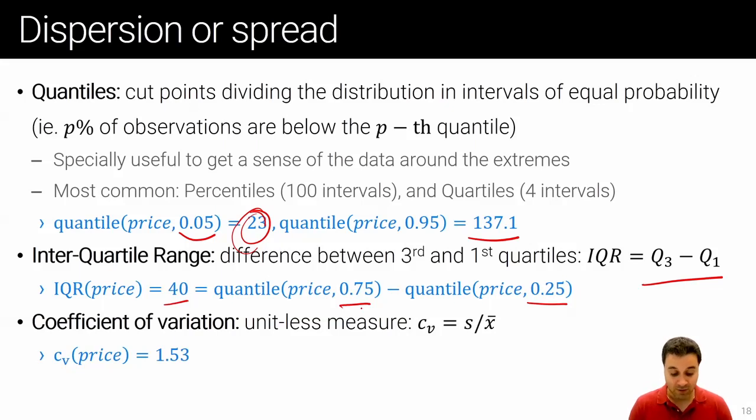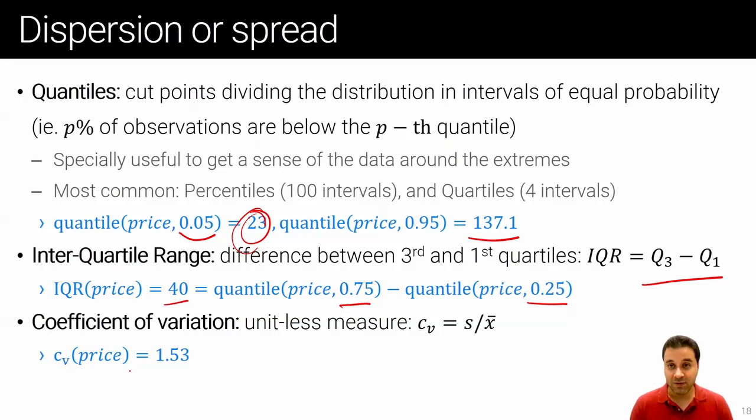And finally, we have the coefficient of variation. And the good thing about it is that it doesn't depend on the units. So it's computed as the standard deviation divided by the sample mean. And what this is telling us is how much variation, how much dispersion there is in the data relative to the mean, or in mean units. For example, the price here is 1.53.